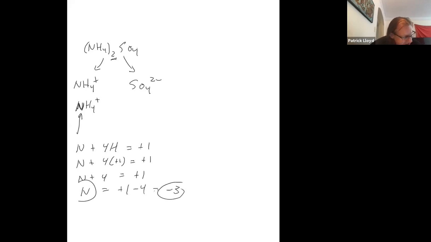So the nitrogen is actually -3 here. Okay, going back to the NH3 on the reactant side, nitrogen plus 3 hydrogens. It's a compound, so it's got to be 0. So that means the nitrogen is also equal to -3. So there was no change here.